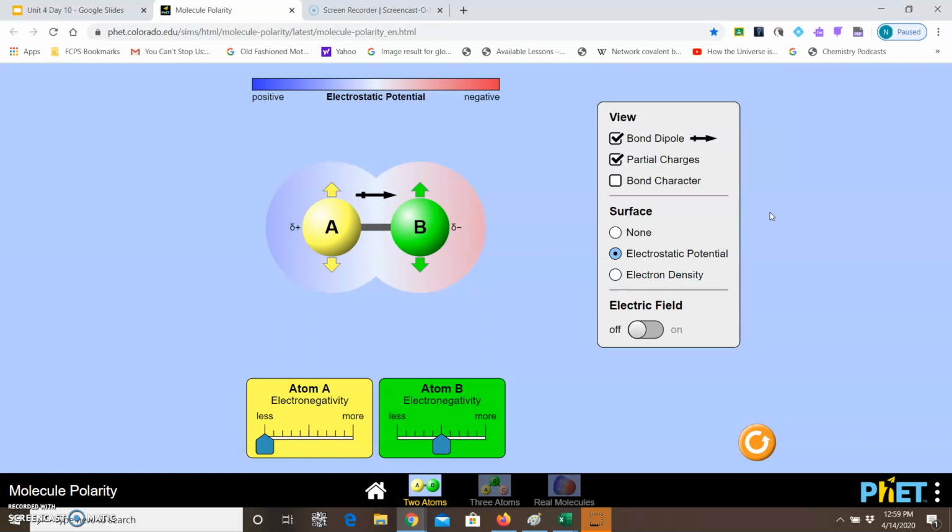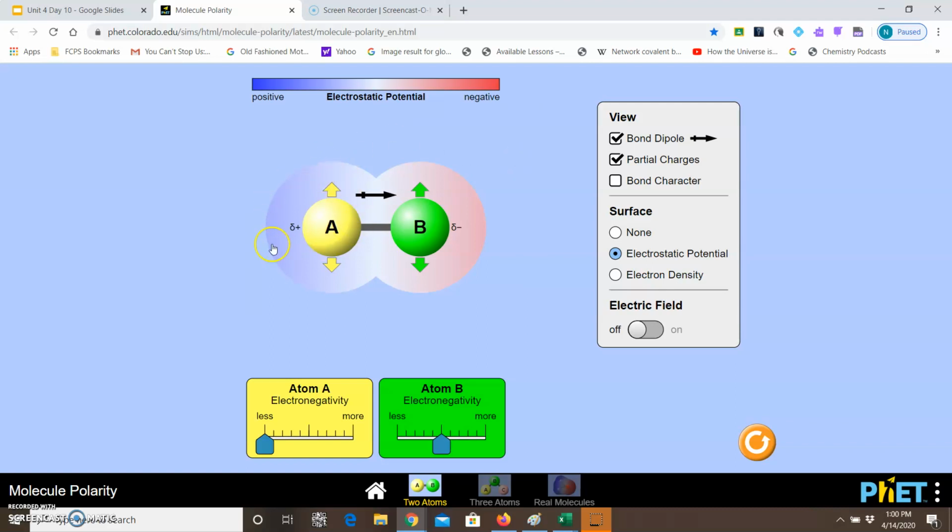All right, now that we've had those things highlighted, I want you to take a look at this molecule and think back to your definition of a polar molecule. A polar molecule has a positive and negative end. Based on what you see here, do you think this molecule is polar or not? Great, so it is a polar molecule.